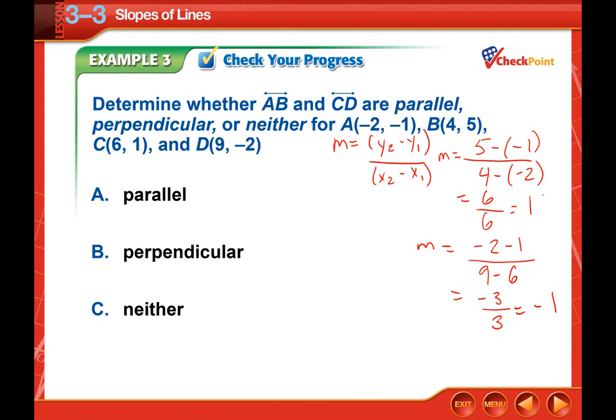So we have 1 for AB as the slope, and -1 for CD as the slope. They're not the same, so they can't be parallel. Okay, their slopes are different from one another. But if I multiply those slopes and take the product, 1 times -1 is equal to -1. And so it is perpendicular.